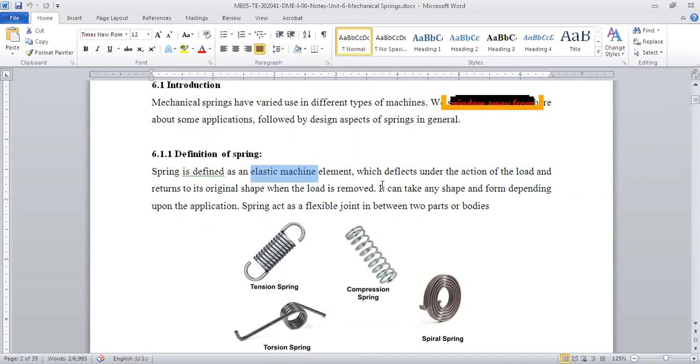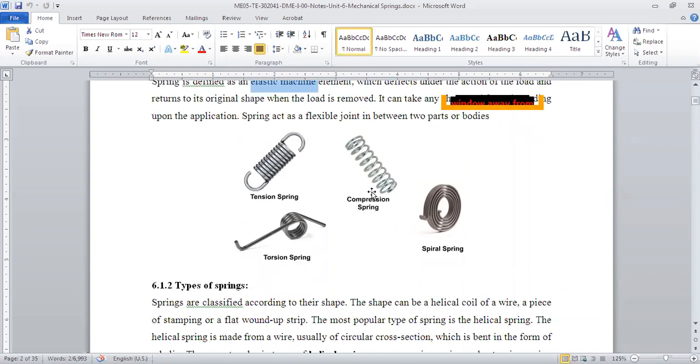When we apply load, it will undergo tension, compression, or bending. Different types of springs undergo different kinds of change in shape and different kinds of stresses, and they go back to their original position once the load is removed. That's why it has to be an elastic element. So there are different types of shapes.